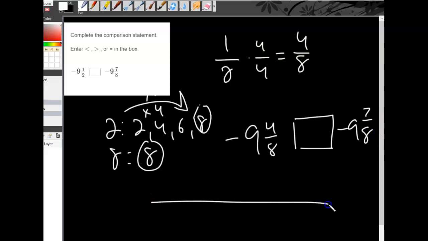All right, it still might be a little hard to look at until you put it on a number line. Let's make a little number line here. I'm going to have -9 right here, -8 up here, -10 right here. So my denominator is 8s.